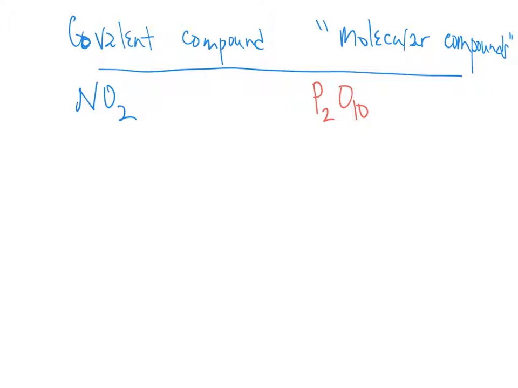Which one comes first? Which one is less non-metallic? Or you can think of it as more metallic, nitrogen. And so what's its name going to be? Just nitrogen. You just write it out. It's nitrogen.